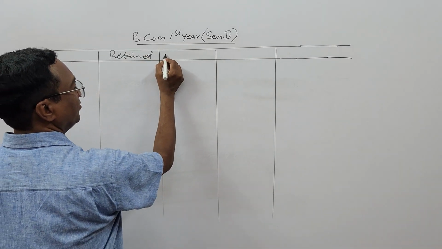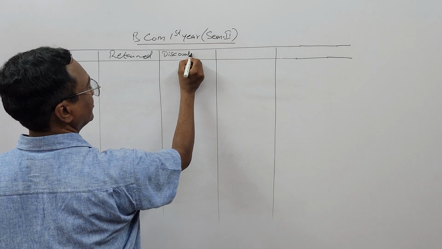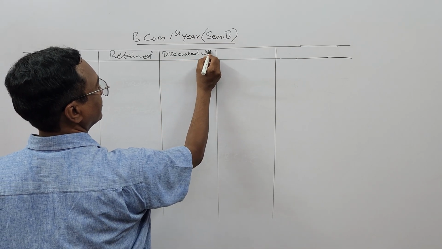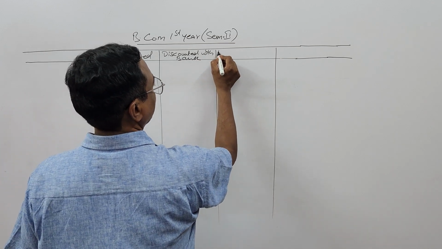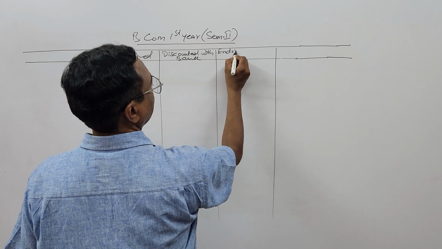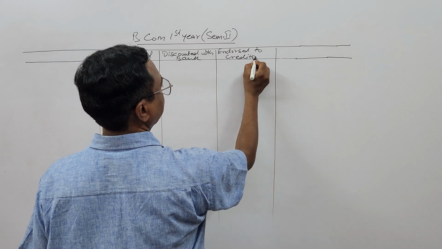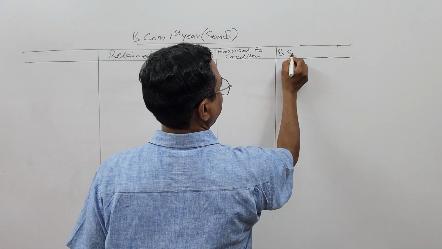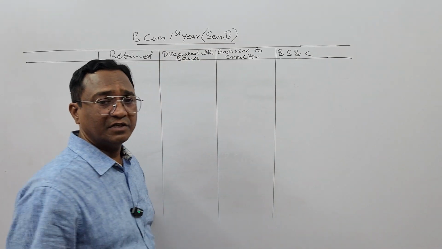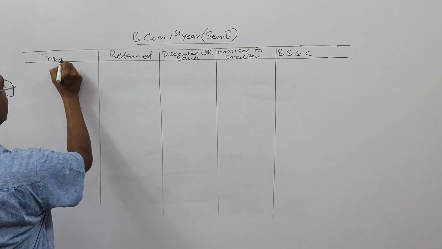Next, bill discounted with bank. Bill endorsed to creditor or any third party, that is the payee, or bill sent to bank for collection. These are the 4 situations which we have. Now here the transactions.